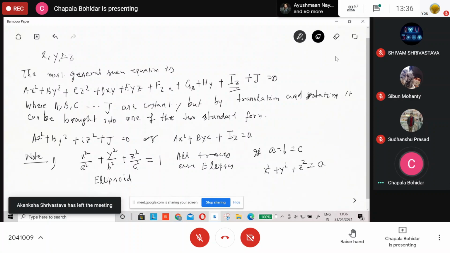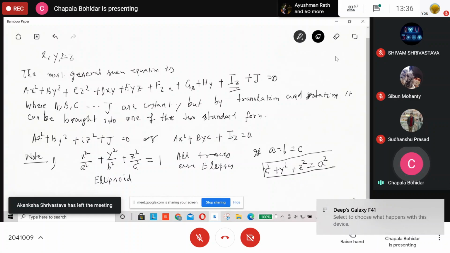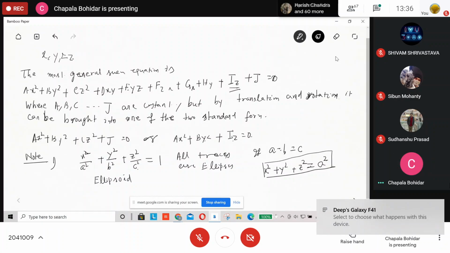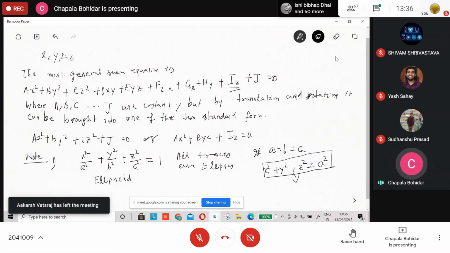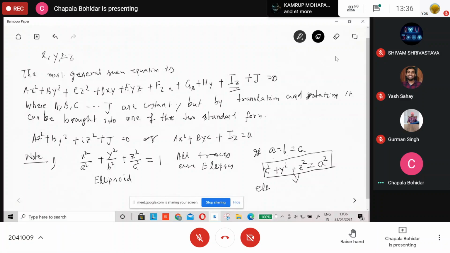A square. Is it not? So it is the equation of a sphere. Yes. So if A is equal to B is equal to C, then we get a sphere. The ellipsoid is a sphere. Clear?